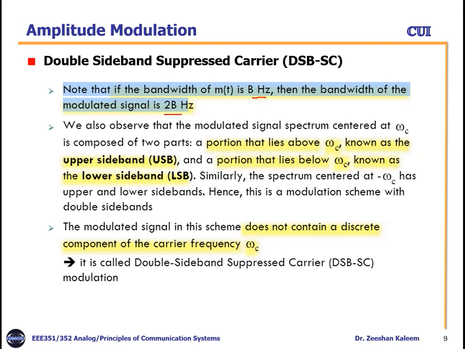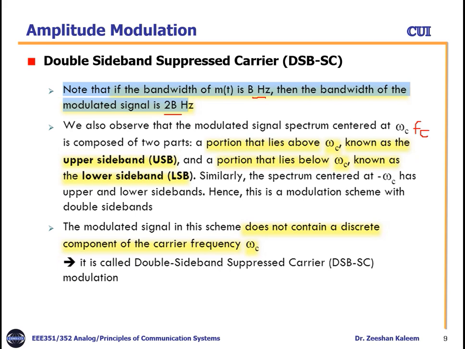We also observed that the modulated signal spectrum shifted at omega_c is composed of two parts. Omega_c or f_c, we will use these terms interchangeably in this lecture, but there is not much difference except the 2 pi terms. The portion above omega_c is known as the upper sideband, and the portion below omega_c is known as the lower sideband.